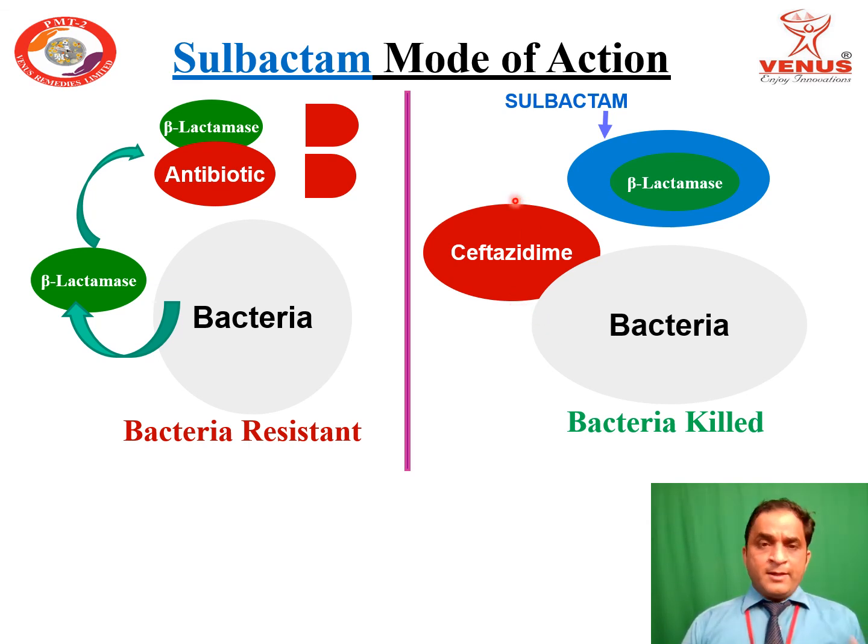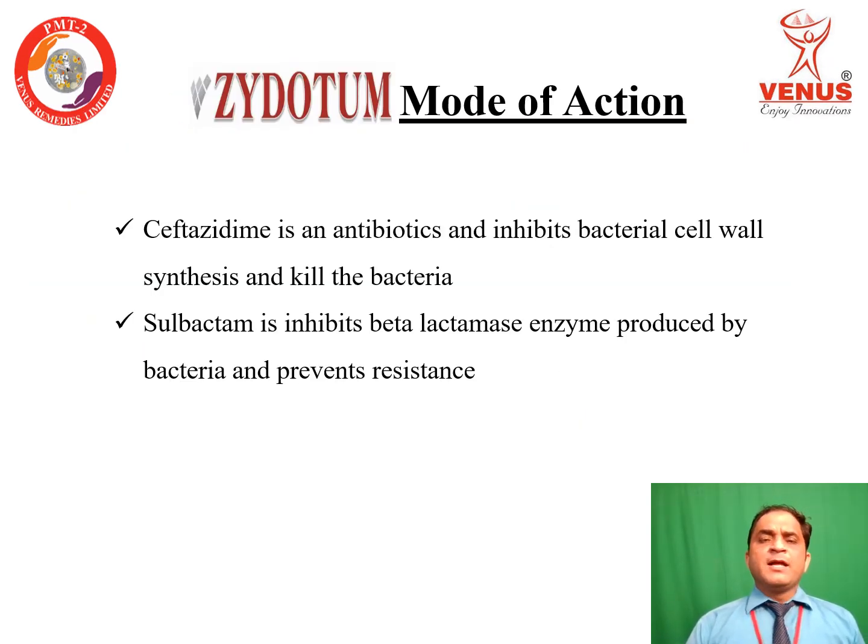So here the sulbactam mode of action: sulbactam inhibits the beta-lactamase enzyme which is produced by bacteria. Now Jadotam mode of action. So dear friend, in Jadotam, ceftazidime is an antibiotic, and being an antibiotic, it inhibits cell wall synthesis, and by inhibiting cell wall synthesis kills the bacteria.